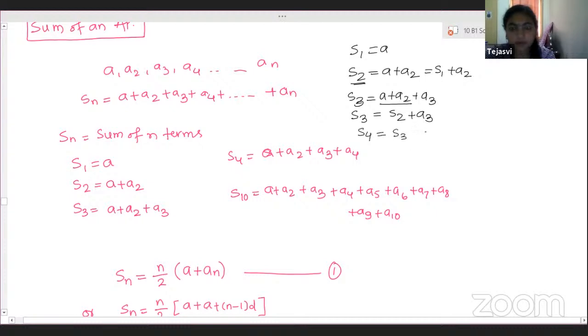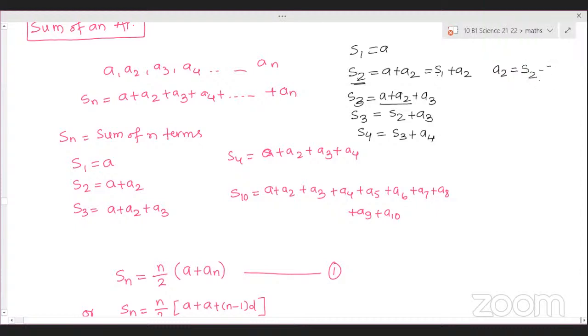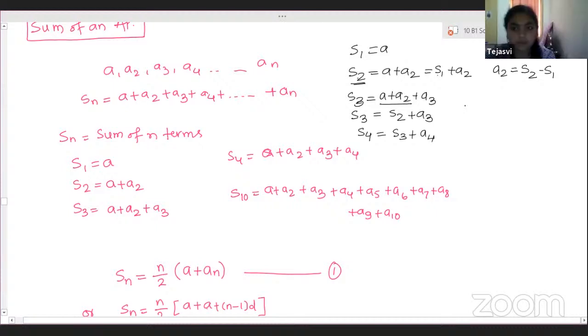Now how to calculate the value of A2? If S2 is equal to S1 plus A2, then A2 will be S2 minus S1. From the sum of two terms, if we subtract the sum of one term, we will get the second term.